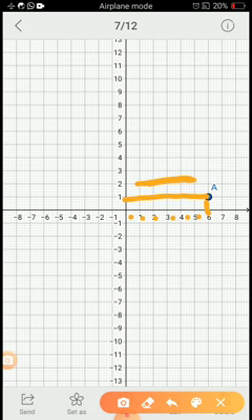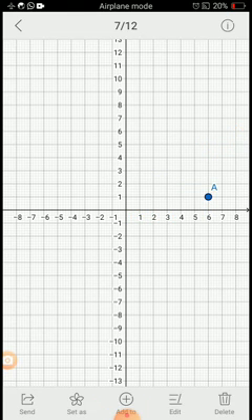So the x coordinate of A will be 6, and the y coordinate is just 1. You can write it here. So the coordinates of A will be (6, 1). The easiest way: drop the perpendiculars and see which number it is on the x-axis and which number on the y-axis. That is the coordinate.